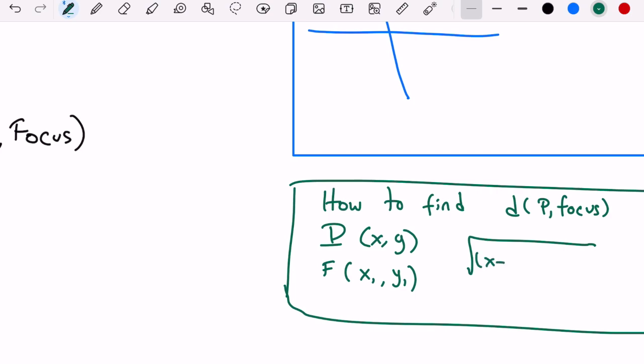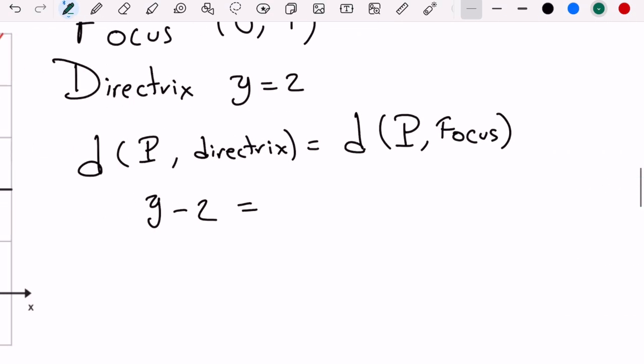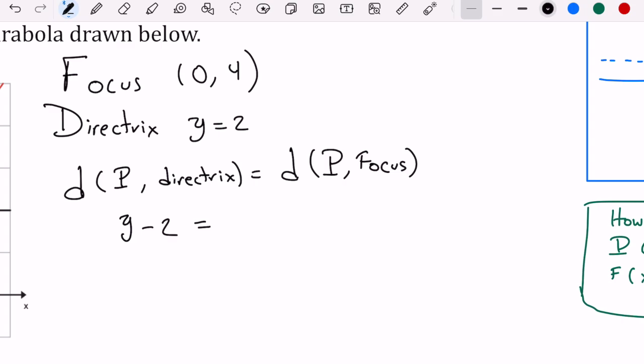So in this case, it would be the square root of (x minus 0) squared plus (y minus 4) squared. Okay, now you don't get full marks for giving me this answer, but this is a beautiful answer. So I'm going to square both sides.